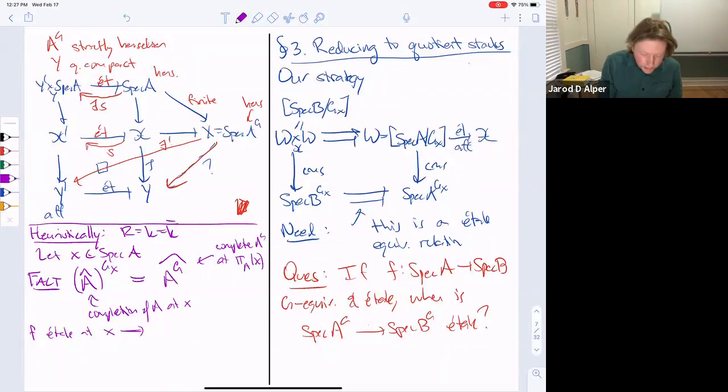So in this context, A hat mapping to B hat, where B hat is the completion of B at the image of X, that's an isomorphism.